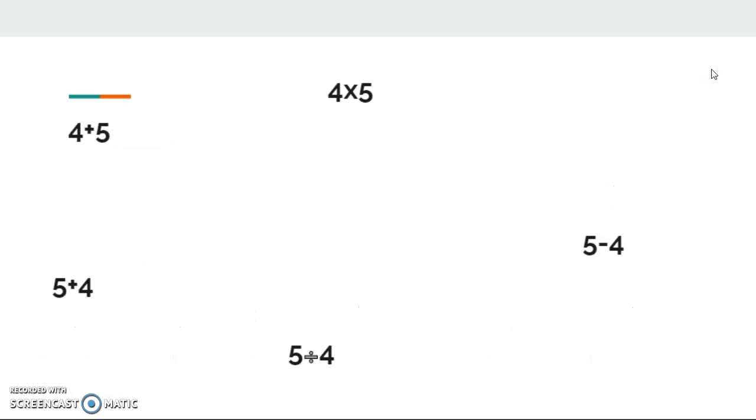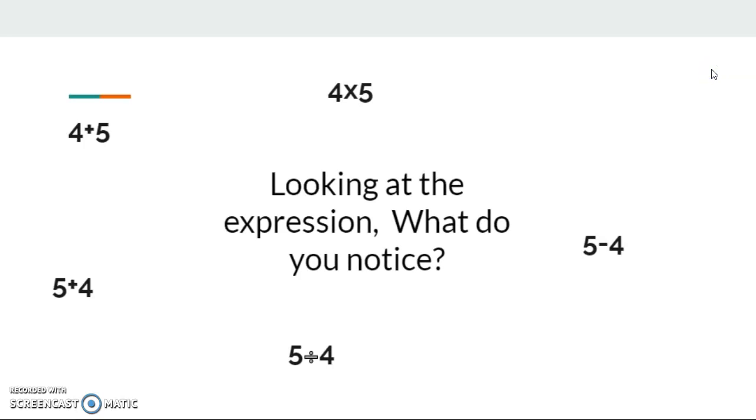The first thing I want you to do is just take a look at these expressions and think about something that you notice. We hope here that the kids just kind of think about the operation. I see some addition, there's multiplication, subtraction, division, and they all have 5 and 4 as their digits, but we wonder if their values are different.